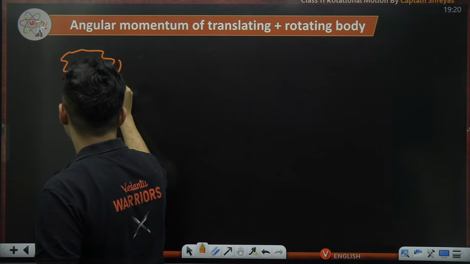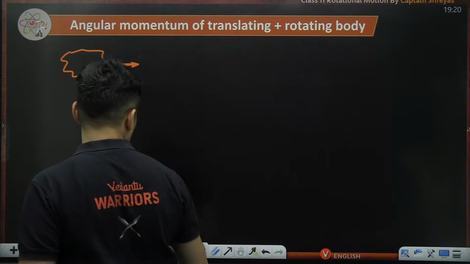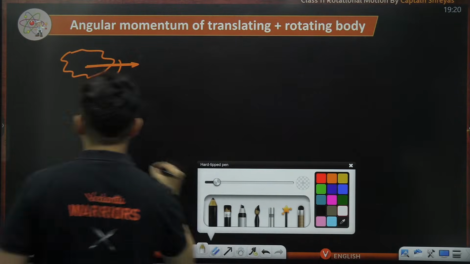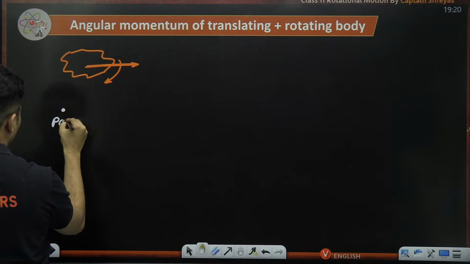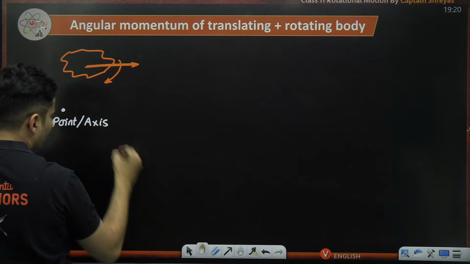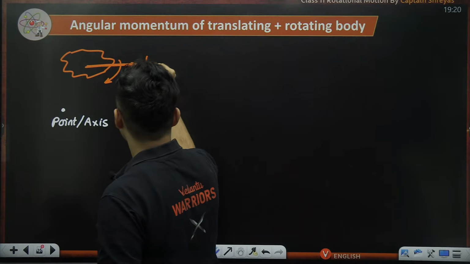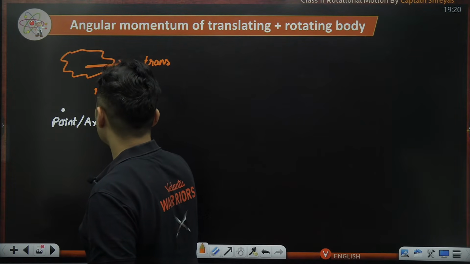It is rotating also and it is translating also. And you have to find the angular momentum about this particular point or basically axis.